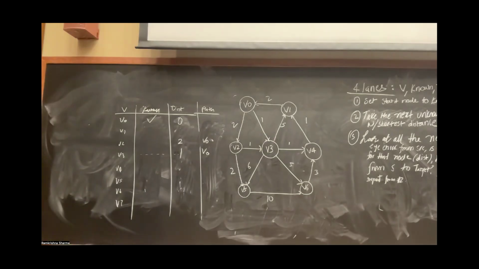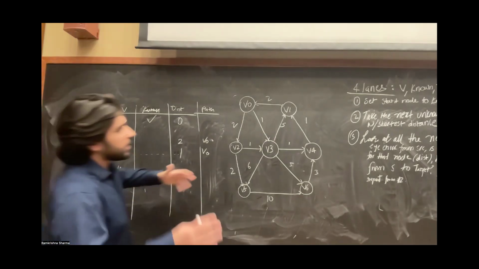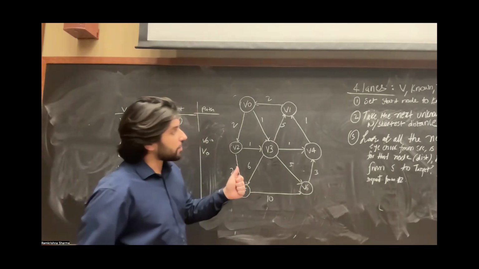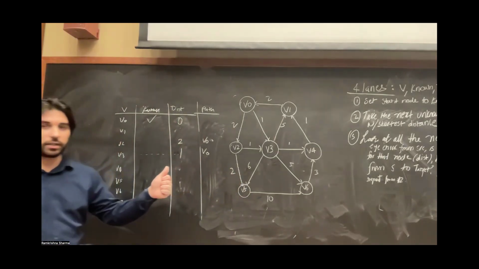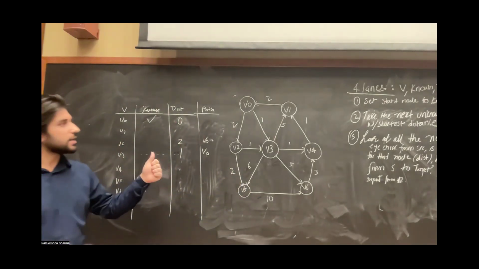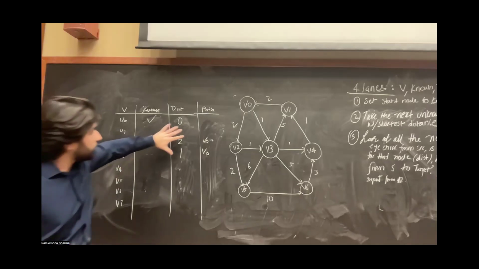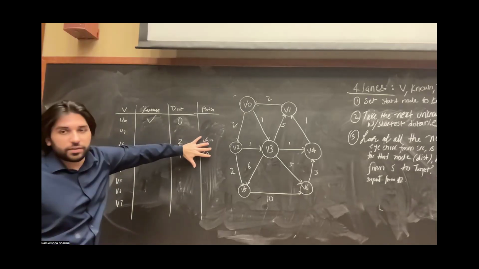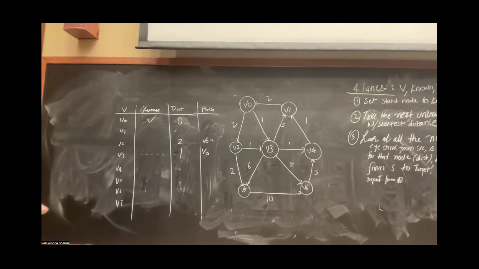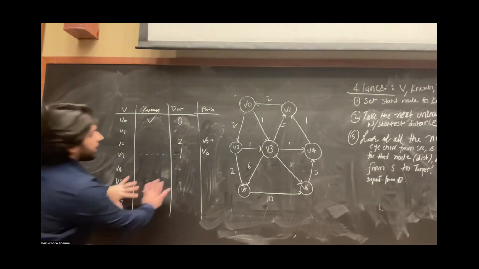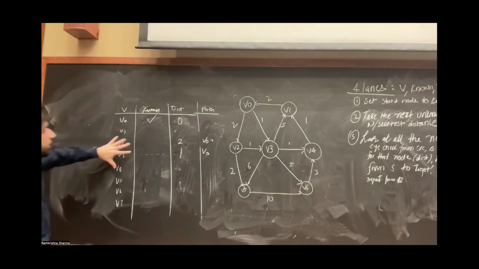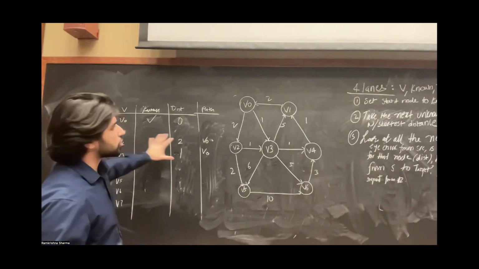Now comes the two-step process: take the next unknown node with shortest distance. Recognize that these are the unknown nodes here; don't look at anything that does not yet have a distance. So you ask yourself, let me take the next unknown node with shortest distance.